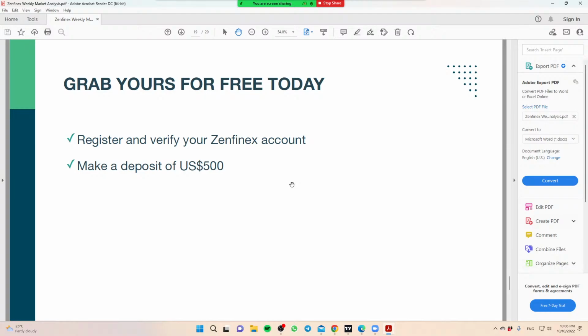And in the month of October, if you deposit $500 with Zenfinix, you also get a $150 credit bonus, which means you can use this 150 on top of your 500, in total about 650 as margin to trade. So you actually have more capital that you can use to trade your account. That's the current promotion offer that we have together with Zenfinix in the month of October.